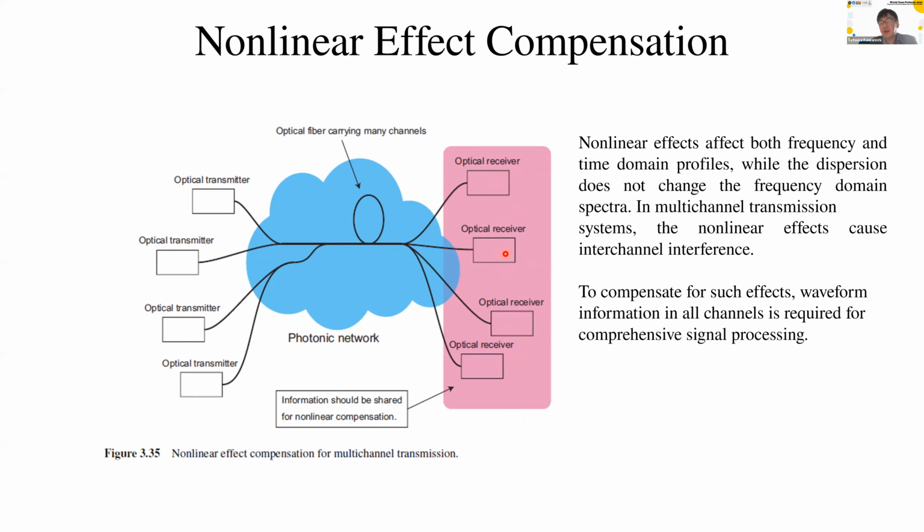And another optical fiber also causes optical nonlinearity. So if we want to make such an all optical network, we cannot compensate the nonlinearity in principle. It limits the performance of the optical network.